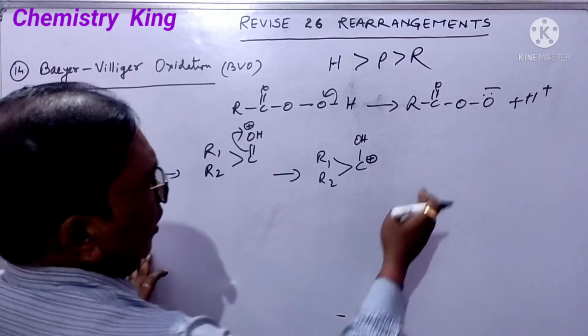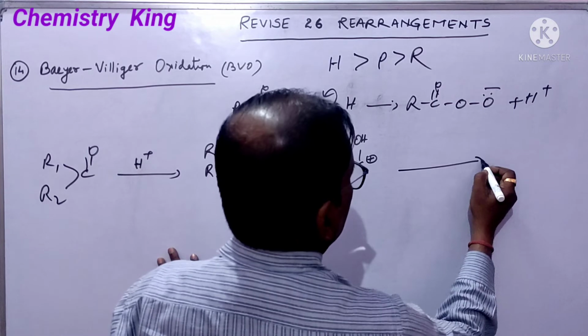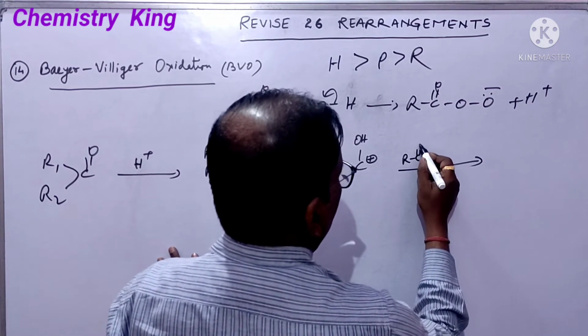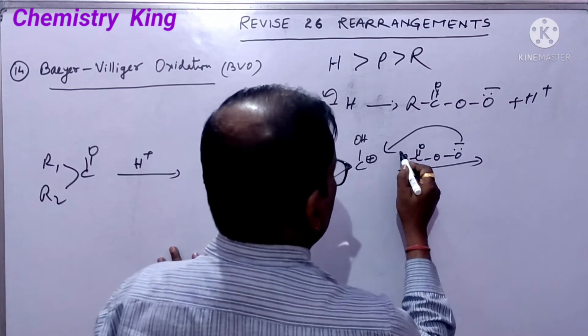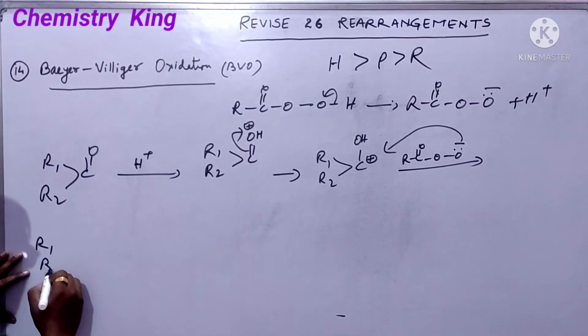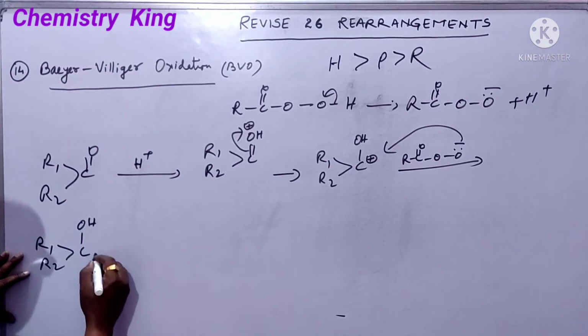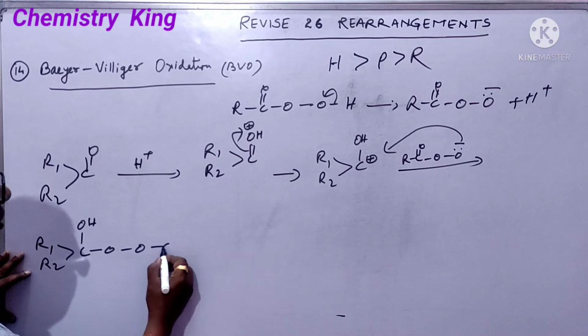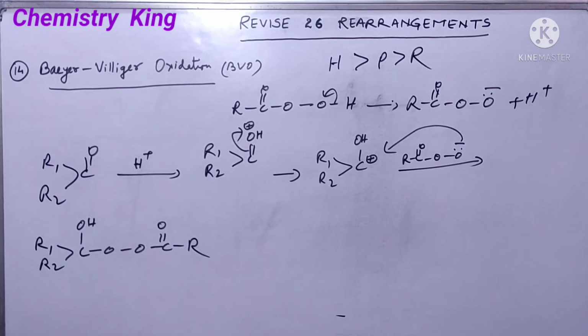Now it acts as a nucleophile. This RC double bond O minus will attack here, and you will get R1, R2, C, OH, O, C double bond O, R. Okay, you will get this.